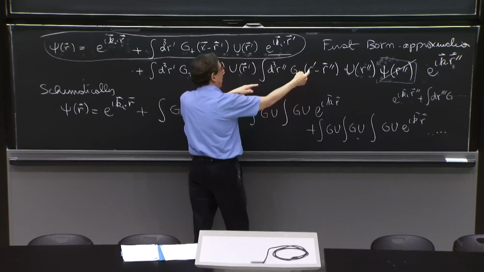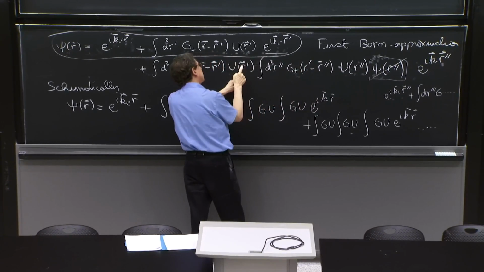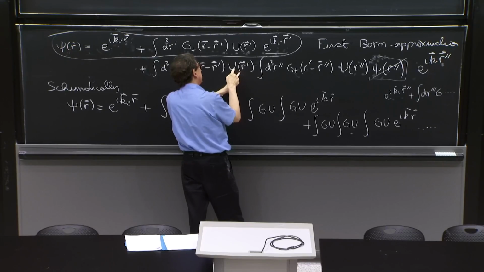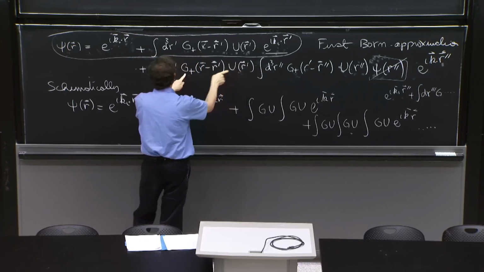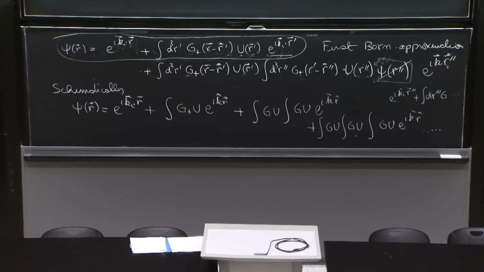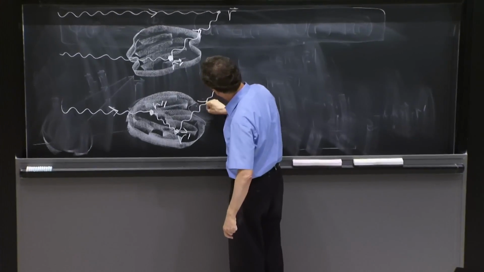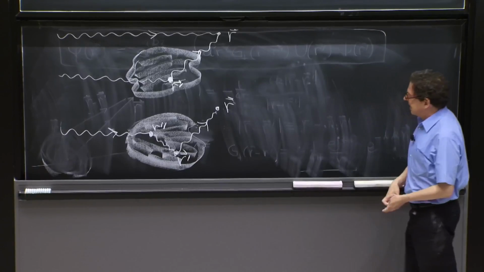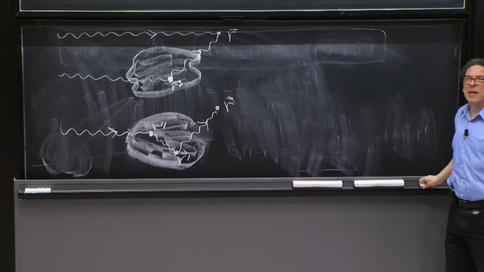And once it's propagated into R prime, it interacts with the material U, that's the heavy dot, and gets propagated into R. So that's a second order Feynman diagram.